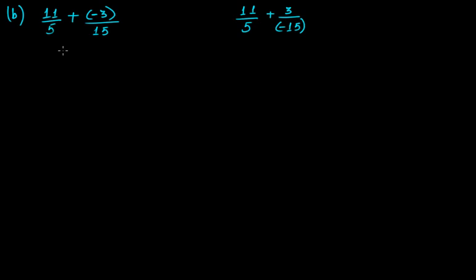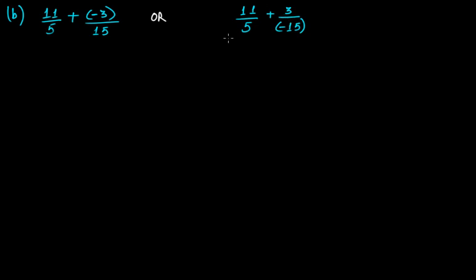Now, in this example, we have 11 over 5 plus minus 3 over 15. Or, if it was like this, 11 over 5 plus 3 over minus 15. Here, the negative sign is in the numerator. Here, the negative sign is in the denominator.